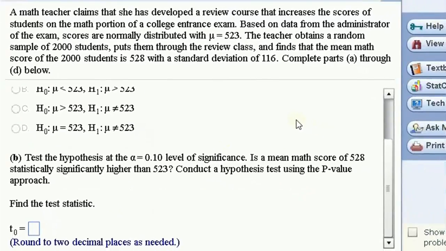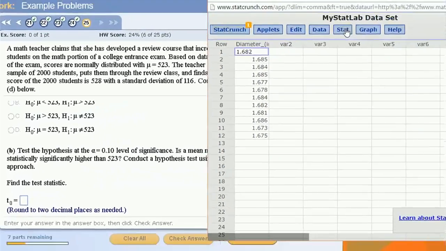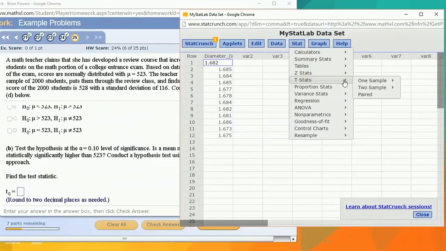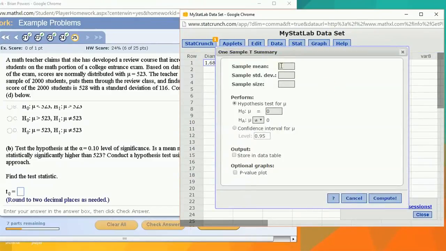To test at an alpha level of 0.10, we want to do a hypothesis test. Let's do a new hypothesis test, T-stat with one sample with summary data. The sample mean was 528 as stated in the problem, the sample standard deviation of 116, the sample size of 2,000. The null hypothesis was that mu was equal to 523, and the alternative is that it increased from 523.